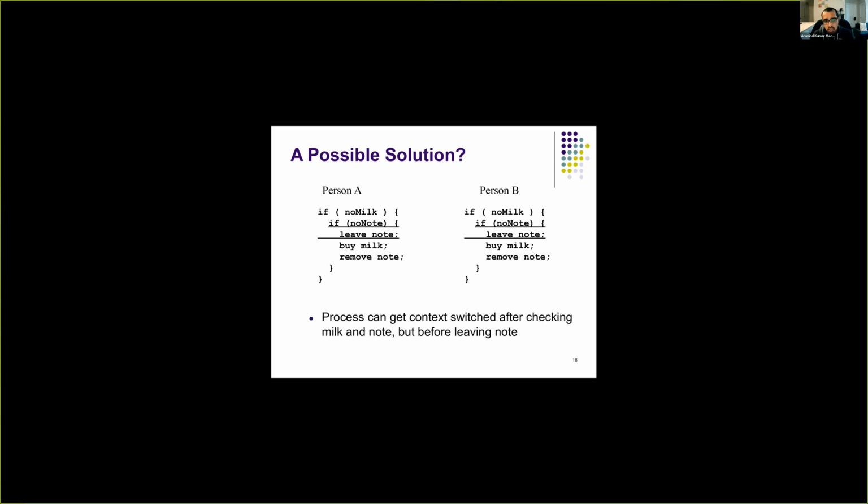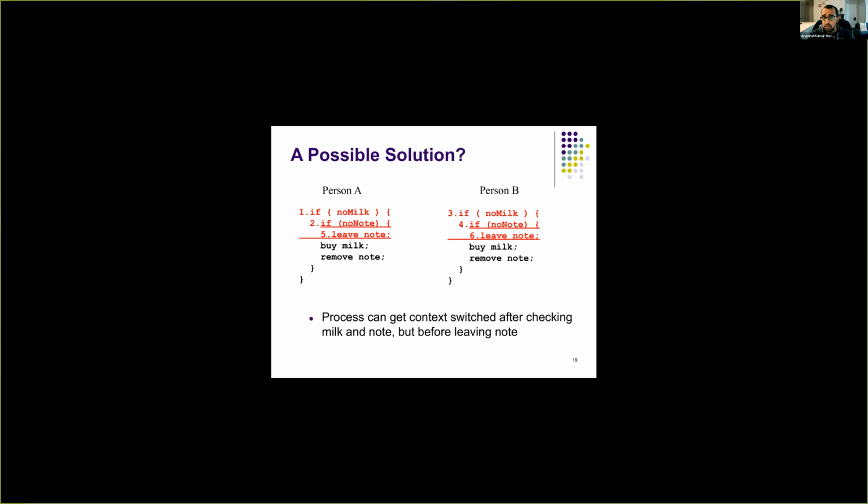However, such a solution will not work with processes. The reason is, imagine that instead of person A and person B, these are two processes. Because of how these processes are scheduled, we can have this ordering, where the numbers indicate the order in which the instructions are executed on the CPU. Let's say first process A, which stands for person A, comes and executes instruction one and instruction two, the first two if statements, and then it gets scheduled out.